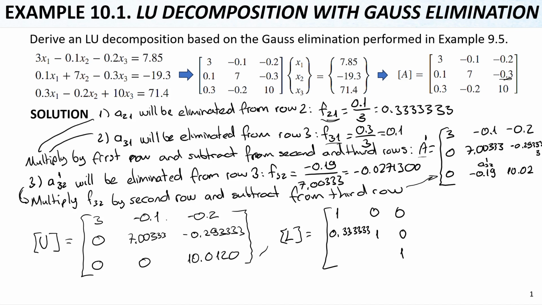And F31 is at the 3,1 position here, 0.1. And F32 becomes here minus 0.02713. So as you can see, we obtained U and L. In short, with the Gauss elimination with these 3 steps, we obtained the upper triangle, which gives us U, and for L, we will have F21, F31, F32 as the lower triangle, and that's it.